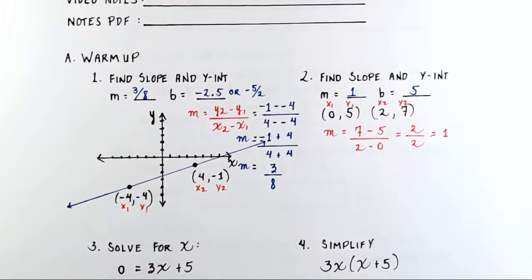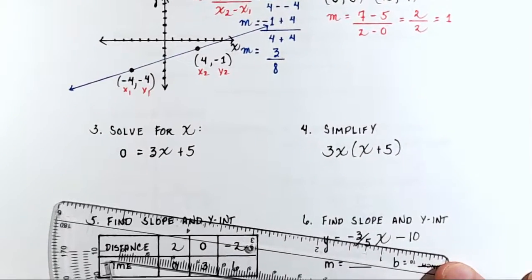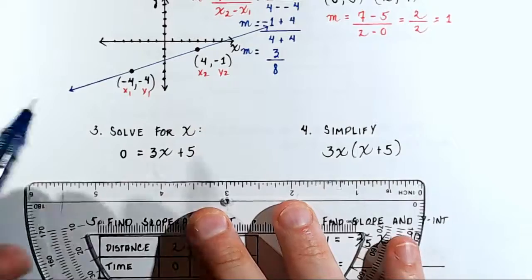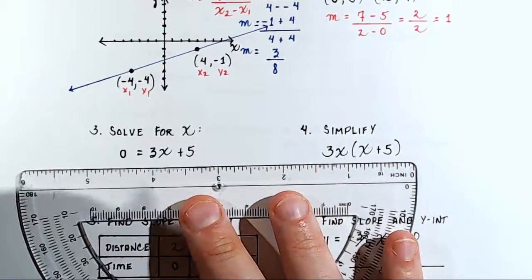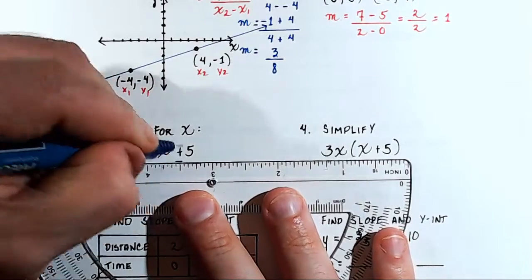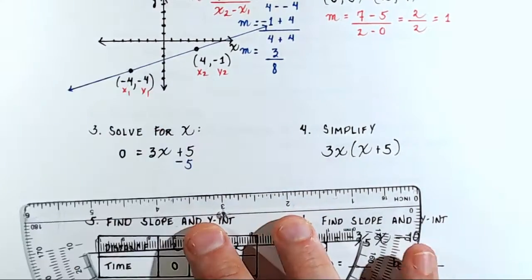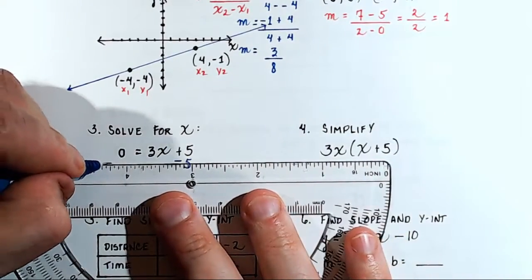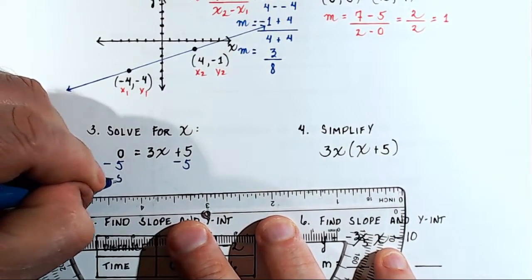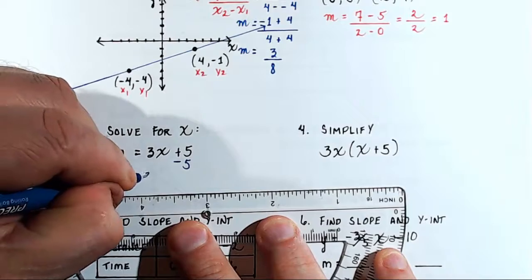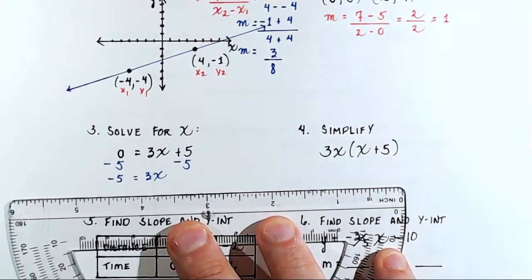So we've solved that out. And now we'll go to number 3, where we're asked to solve for x. And we're given 0 equals 3x plus 5. Well, if I want to solve for x, I'll just move this 5 over, subtract 5 on both sides. And now I have negative 5 equals 3x.